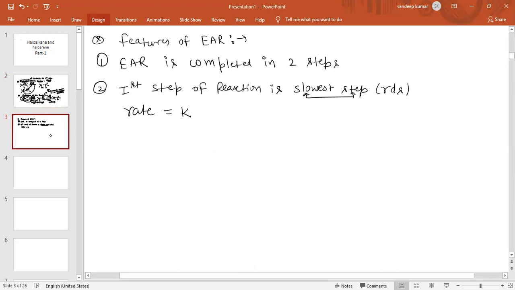So the rate of this reaction depends on the concentration of the substrate, which is alkene, and also on the concentration of electrophile.